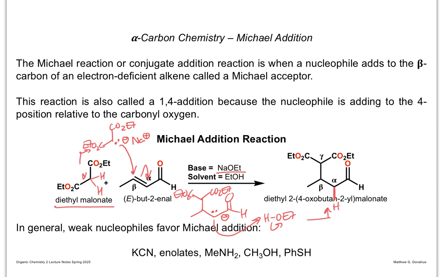And then at the alpha position, we end up with H. So overall, from the diethyl malonate to the enal, see how that has two H's? You can think of just one of them migrating over to the other alpha carbon. So we call that atom economy. All of the atoms in the starting material end up as all of the atoms in the product.